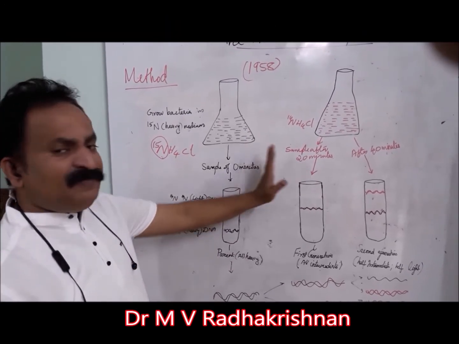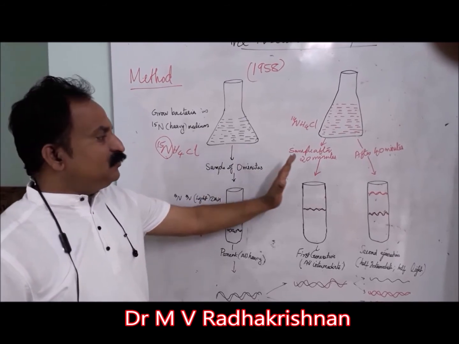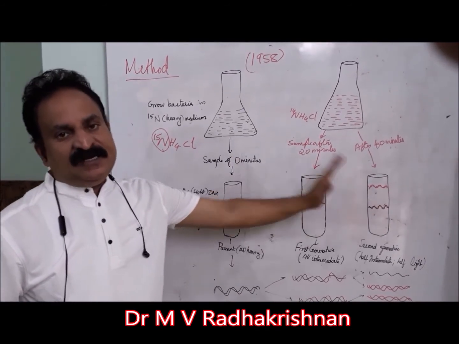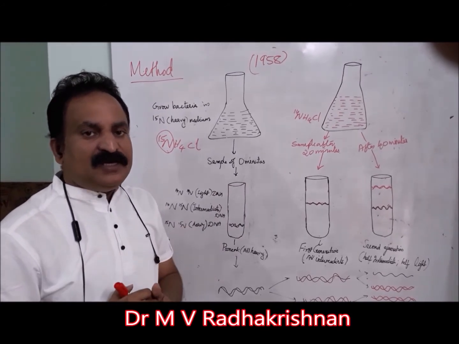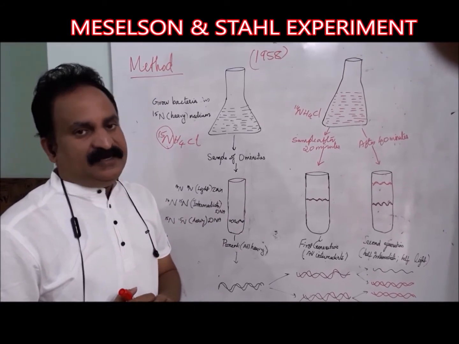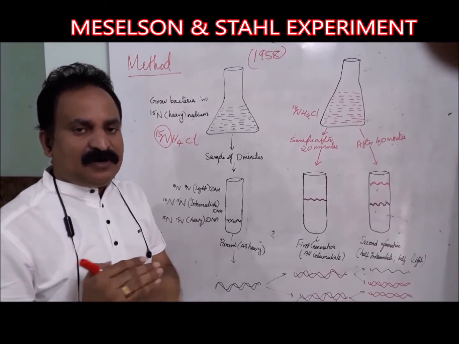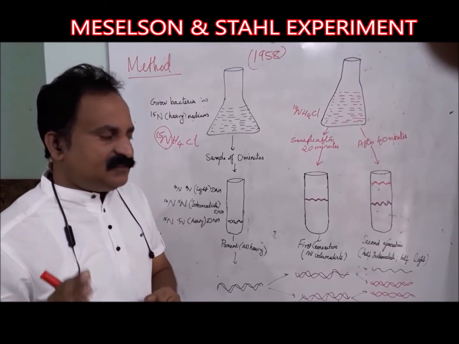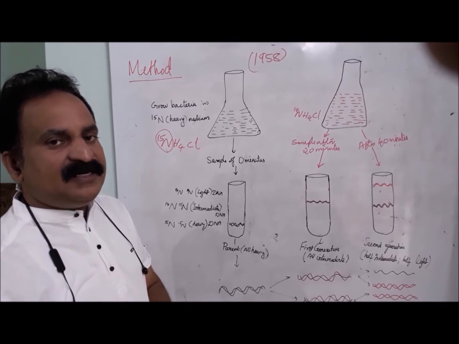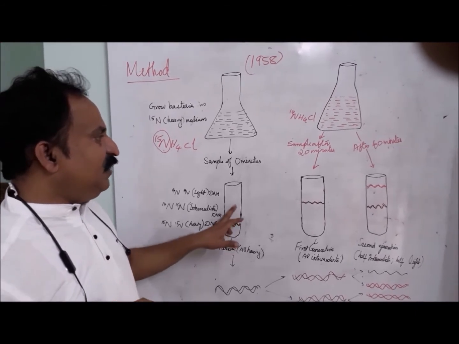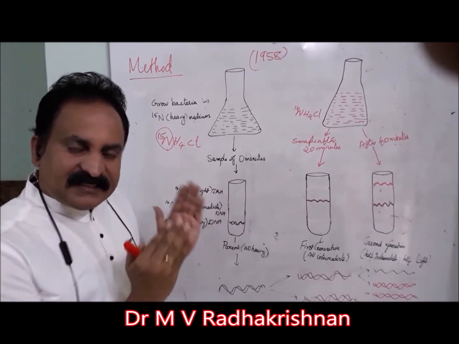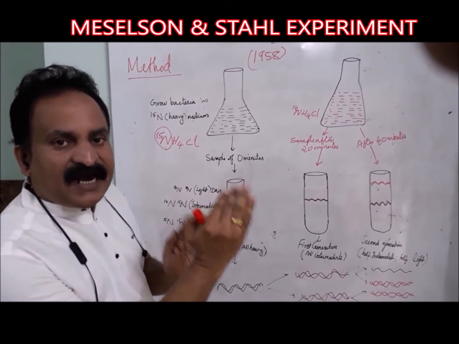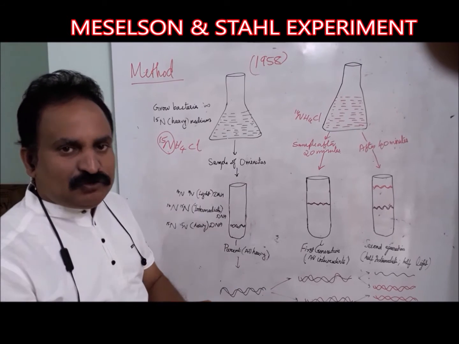Why are we using 20 minutes and 40 minutes durations? Twenty minutes is the time required for the growth of E. coli bacteria, to complete the reproduction. After that, they isolated the heavy DNA and light DNA separately, then mixed them together.